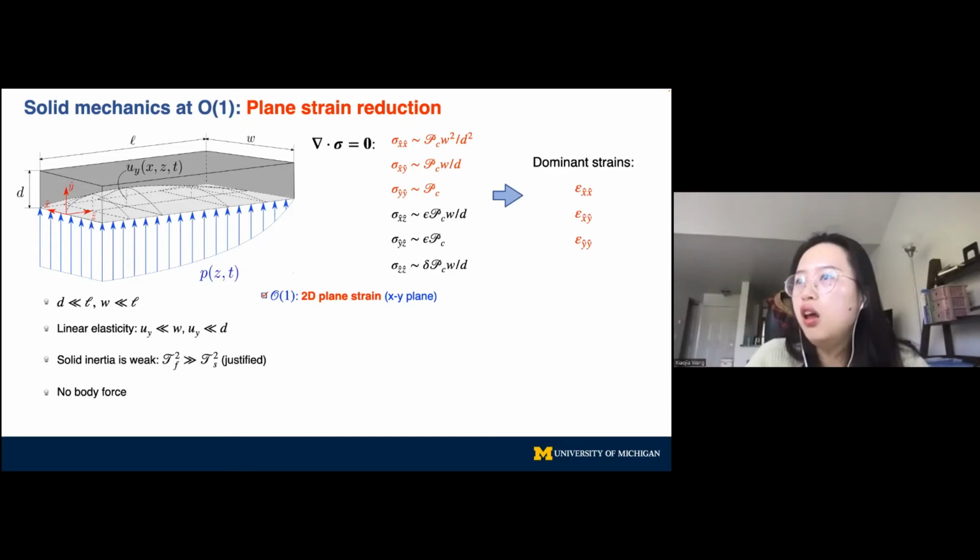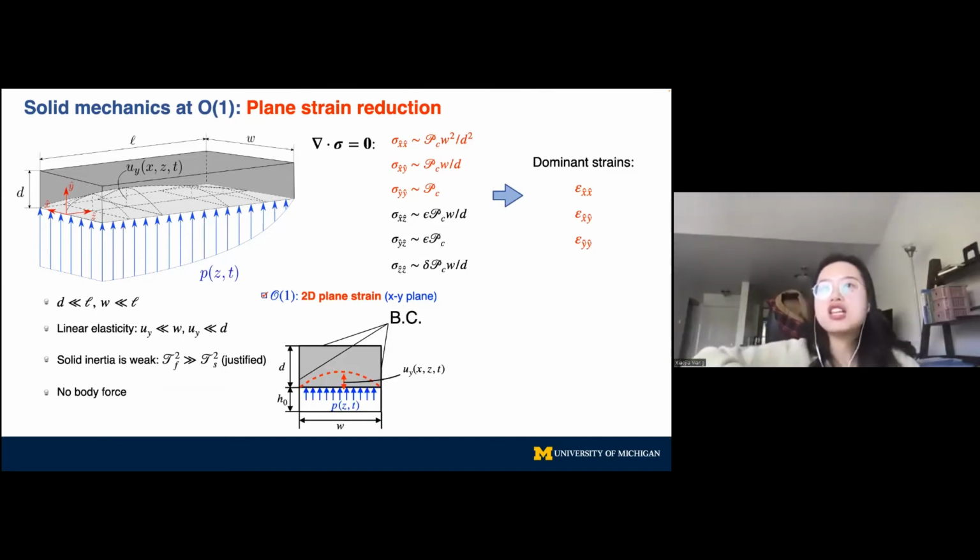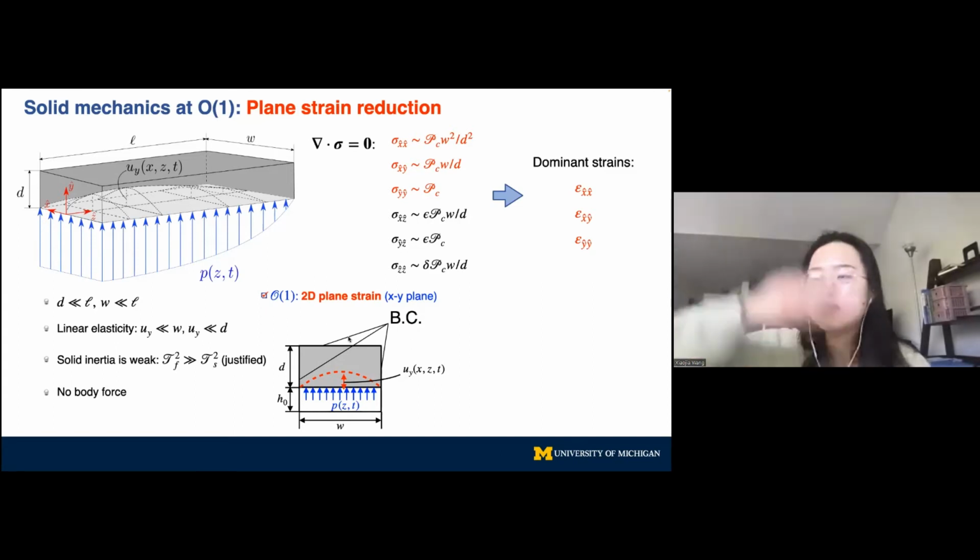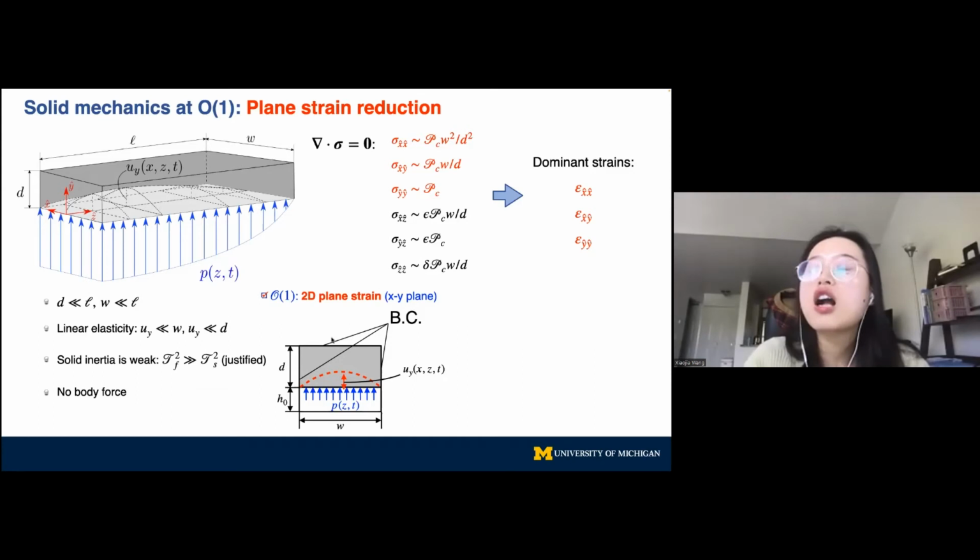Then, in this case, the original 3D elasticity problem can be reduced to a 2D plane strain problem in the XY cross-sectional plane. That is to say, we can take out each cross-section of the wall and investigate its deformation individually. Each cross-section can be viewed as a compliant rectangle subject to uniform pressure on its bottom.